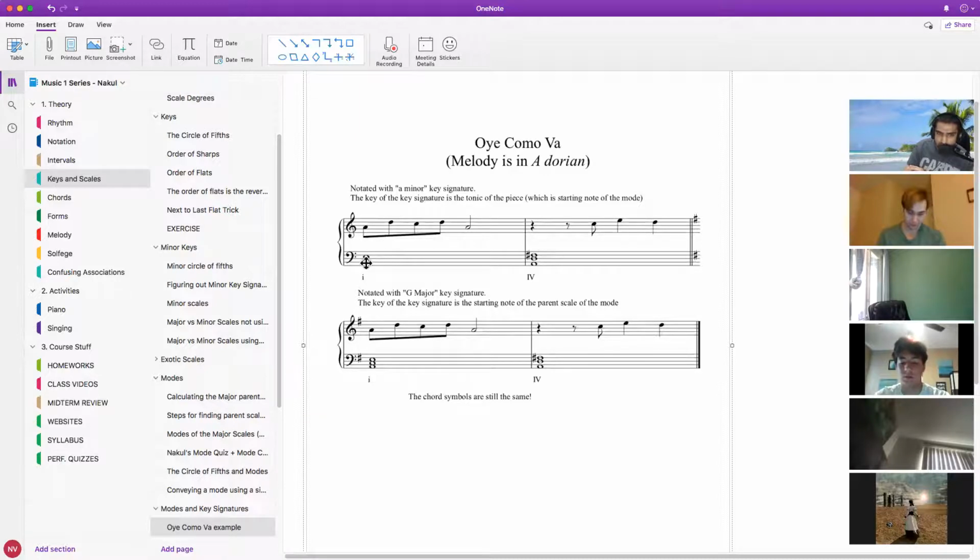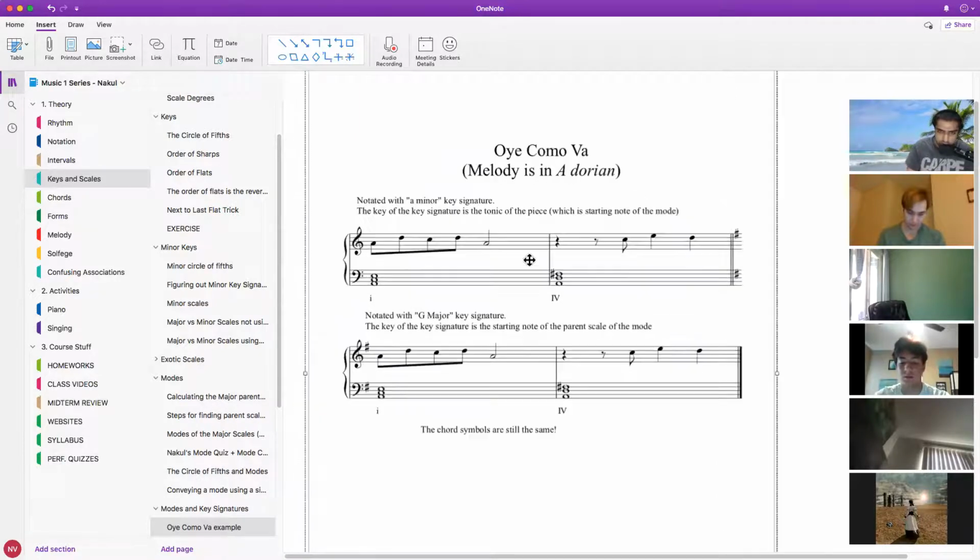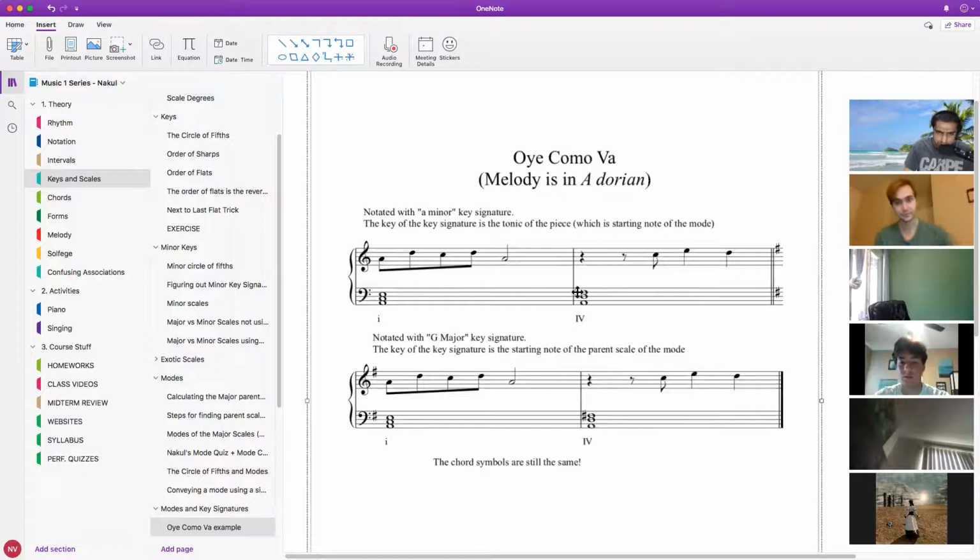If you look at this chord and this chord, you have this F sharp in here, right? This major 4 chord is really making it sound Dorian. Going from a minor 1 chord to a major 4 chord is a modal chord progression. It's a Dorian chord progression.